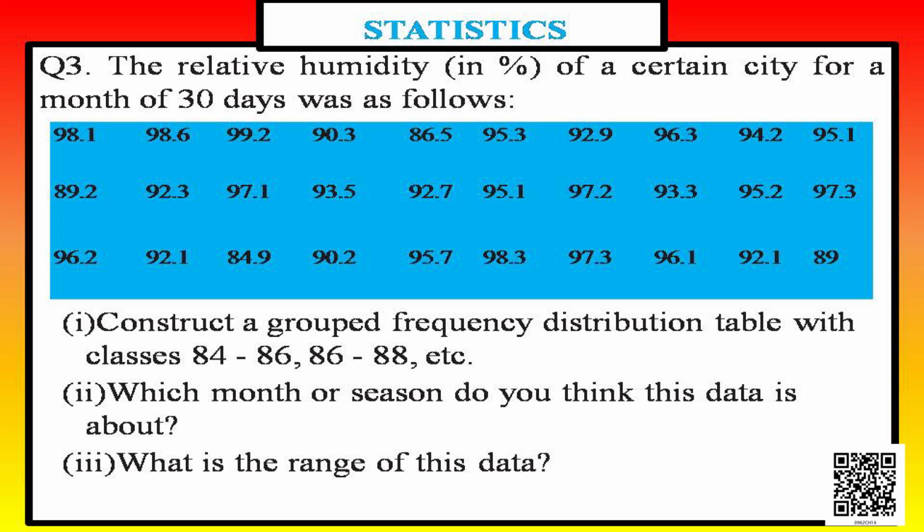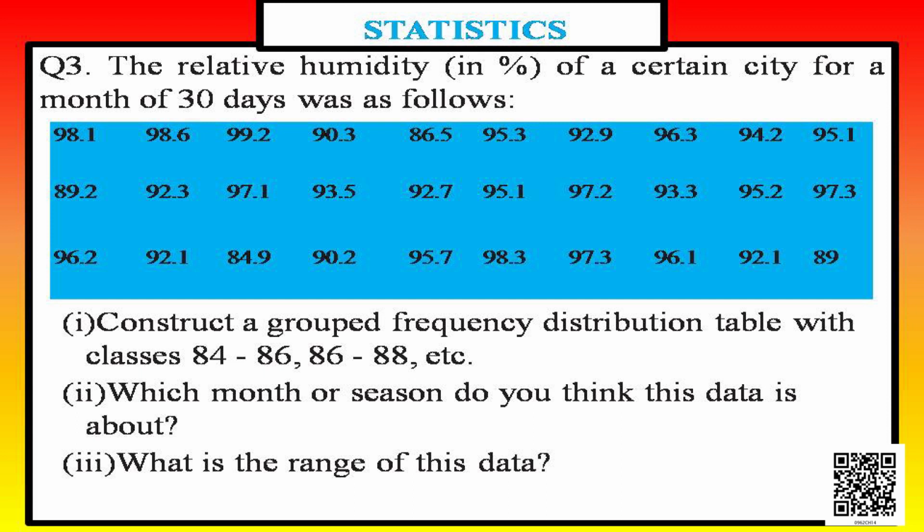Now they ask you first to construct a grouped frequency distribution table with classes 84 to 86, then 86 to 88 etc. So the class intervals they have already mentioned for us. The second bit is which month or season do you think this data is about. The third bit is what is the range of this data.